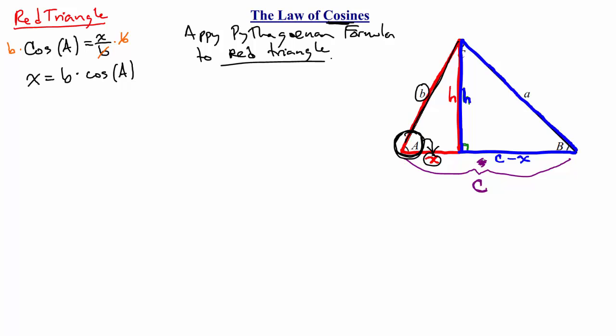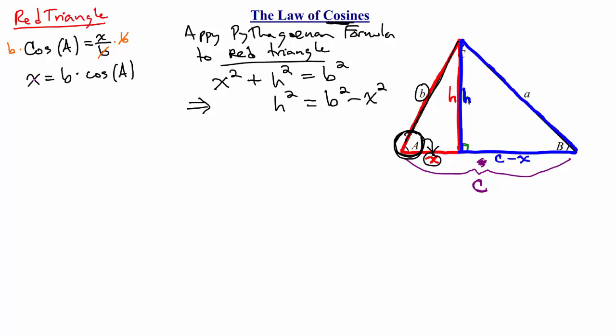The Pythagorean formula tells us that the sum of the squares of the shorter sides, x squared and h squared, will be equal to the square of the hypotenuse, which is b in this case. We'll get prepared for future steps by isolating h squared here. If we subtract x squared from both sides, it'll be b squared minus x squared.